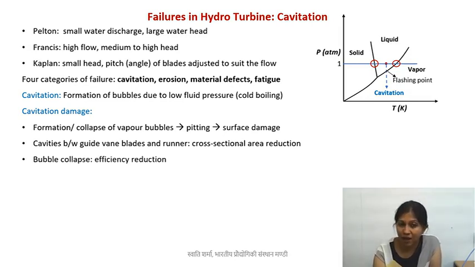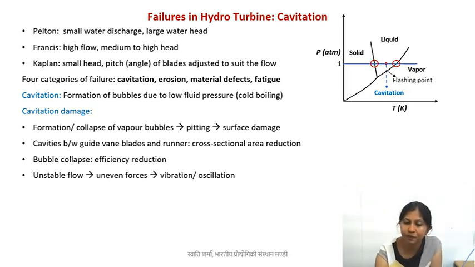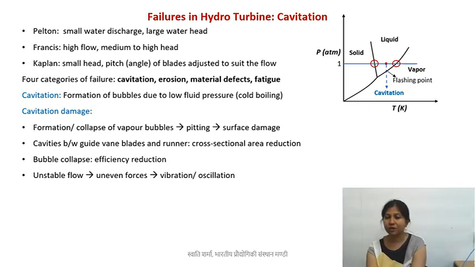Bubble collapse in general, even when it is not creating surface damage, can lead to an overall efficiency reduction. And of course, because of the bubble formation and collapse, the flow becomes unstable, which means the overall forces in your turbine system can be uneven.